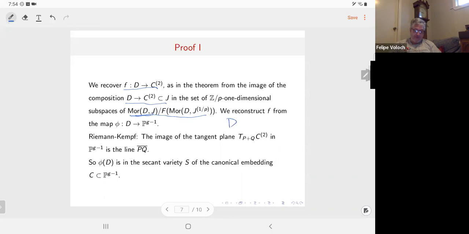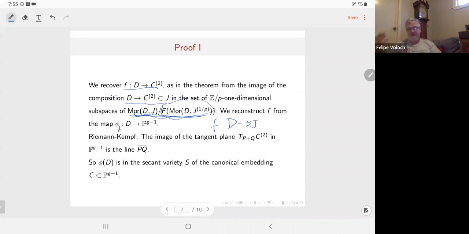Because I have a map from D to J, a map F, I have a map phi F, which is the construction of the Gauss map. And it turns out that the Gauss map only depends on the class of F in this group, because basically you're taking a derivative. So you're going to kill this part.